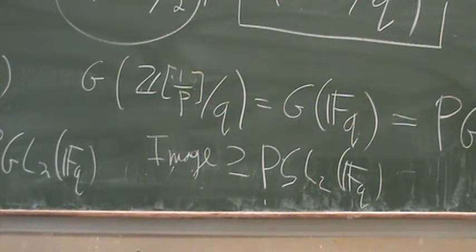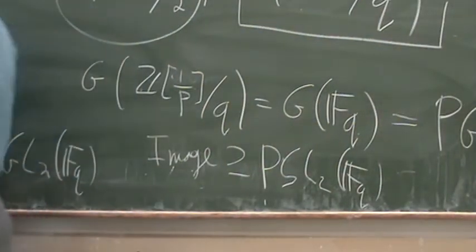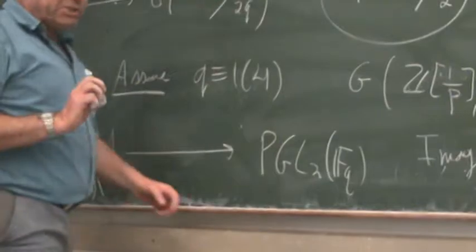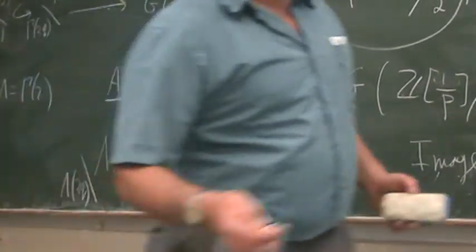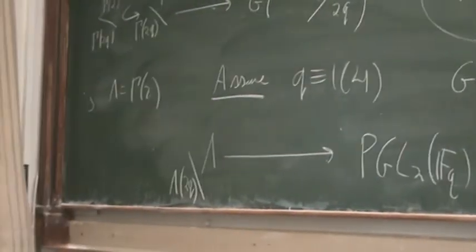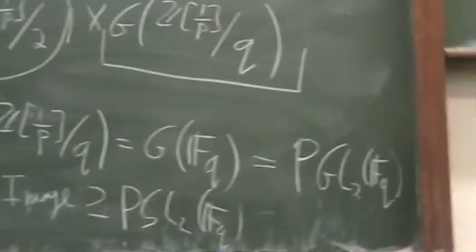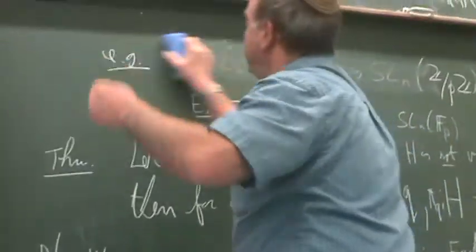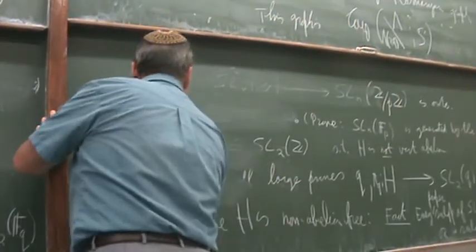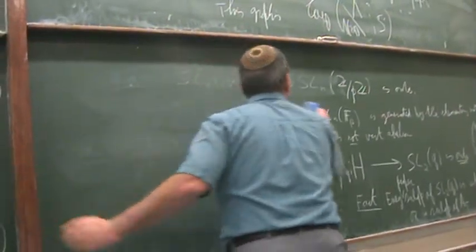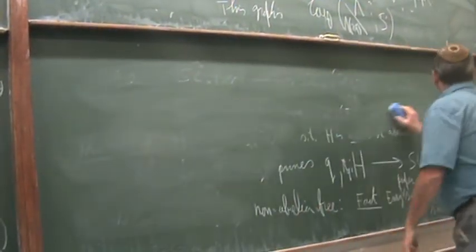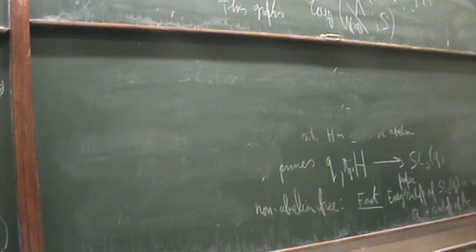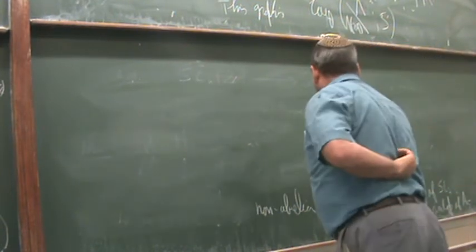Okay? But that's actually an important fact for us, an important point, whether this is onto or not. And I want to do this analysis now. And I want to check what's the story. What happens to the image of our group? Is it really PSL2 or PGL2?